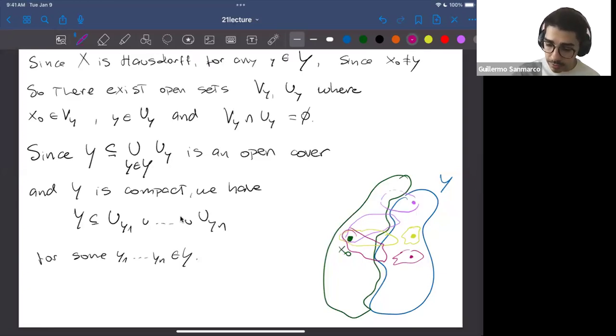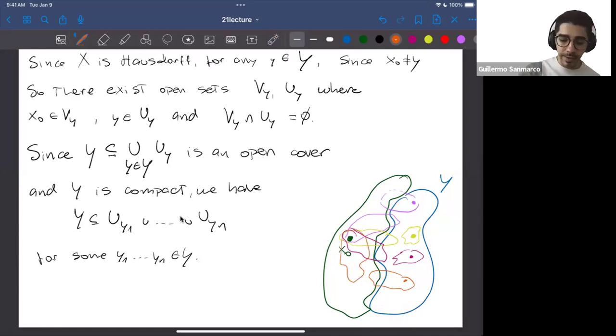But the crucial thing is, we only need finitely many points here to cover Y because Y is compact. So maybe with this orange, let's cross out the compact part. Maybe we have something like this.